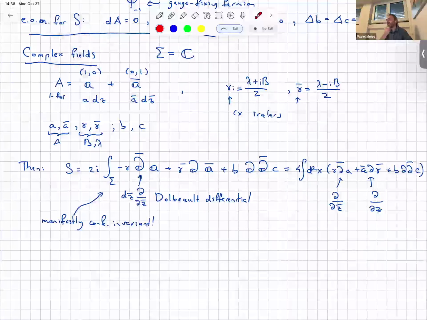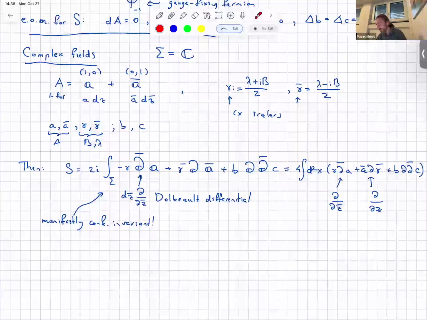What is important for me here is that the kinetic operator in the action for the beta-gamma or BC system is the Dolbeault operator, and this is the kinetic operator here. Grassmann parity is odd here, and this is even.